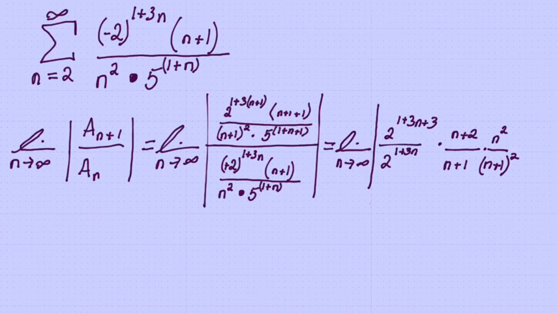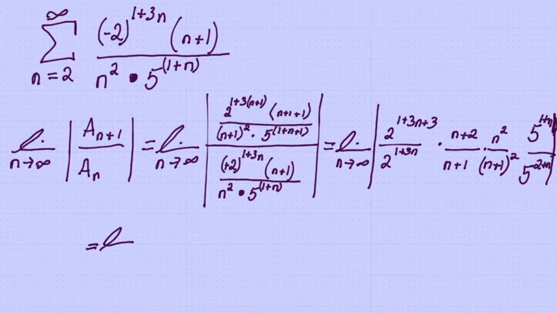I just need one more fraction: 5 to the 1 plus n over 5 to the 2 plus n. Absolute values. Some extreme bookkeeping going on.